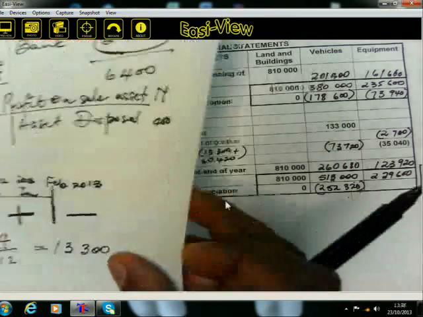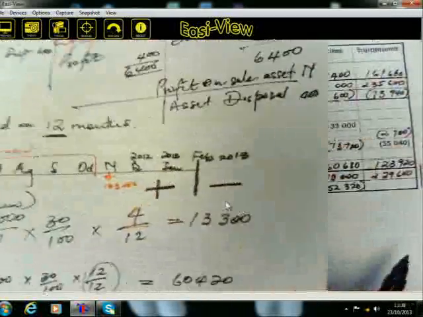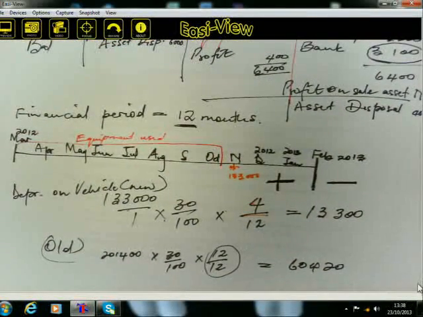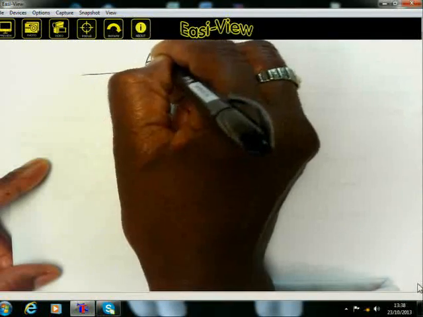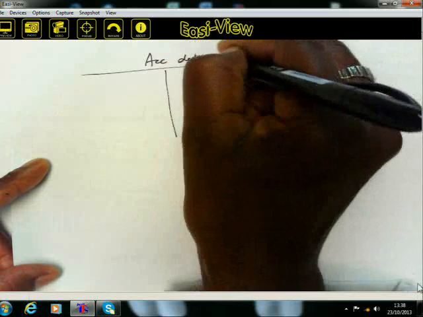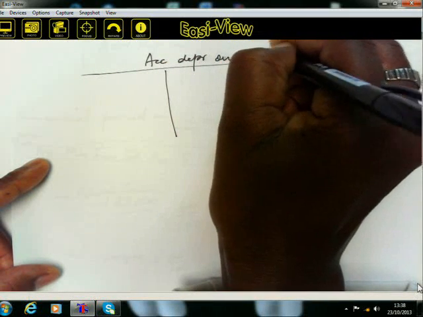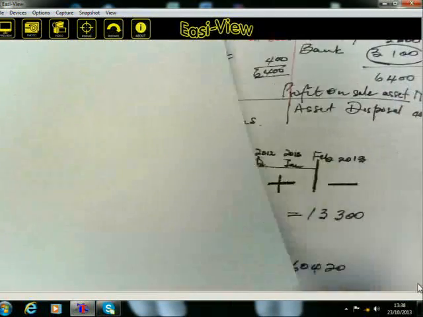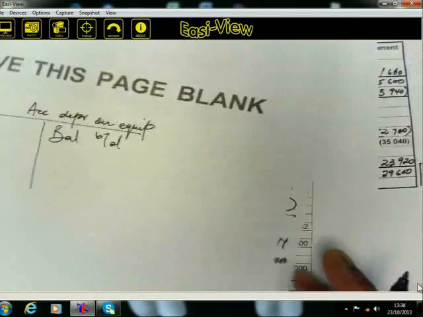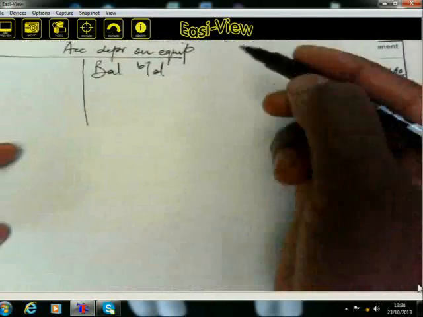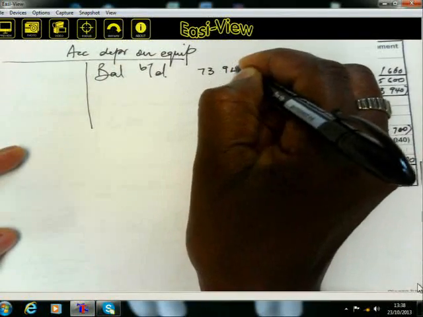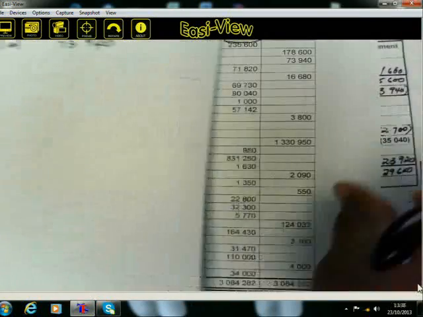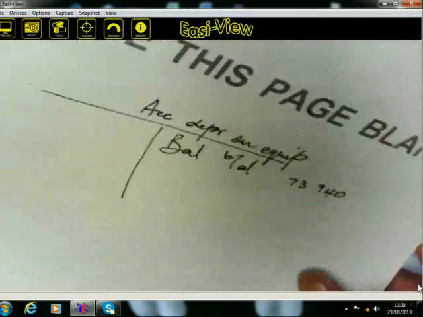In the accumulated depreciation account, the balance that we are given at the beginning of the year, which is 73,940, included the depreciation on the equipment that has been sold.